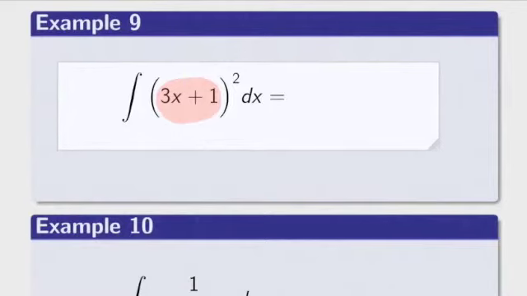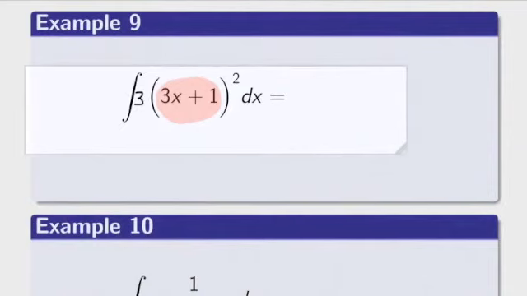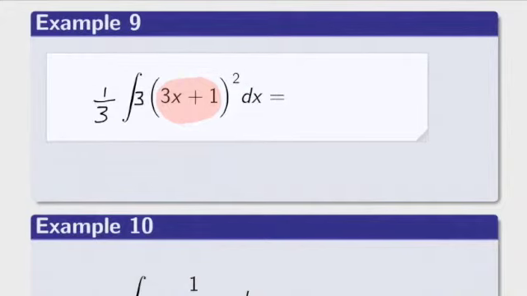Now we don't see 3 as a product, but that doesn't still prevent us from integrating. We can place a 3 out here, and since we multiplied the whole expression by 3 to make the expression unchanged, we have to divide it by 3 as well. So multiplying by 3 and dividing by 3 does not change our original expression.